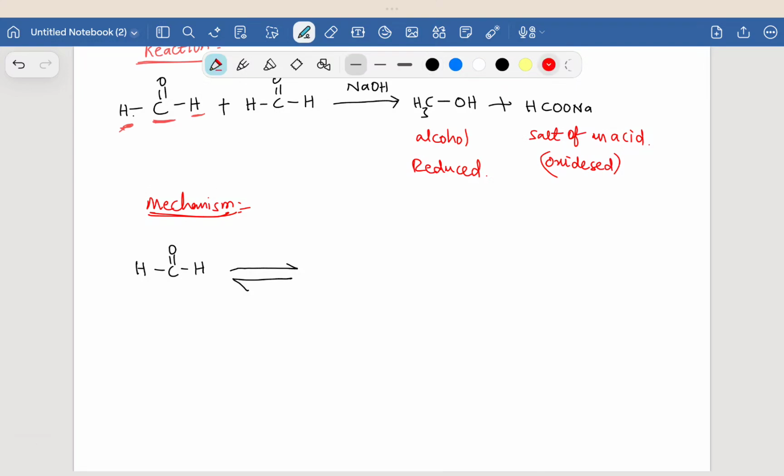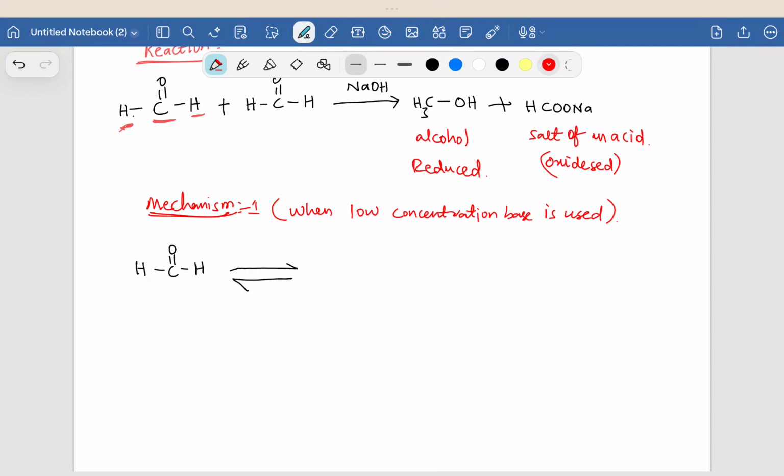Mechanism 1 is when a low concentration base is used. At that time, how the mechanism goes, we will see now.